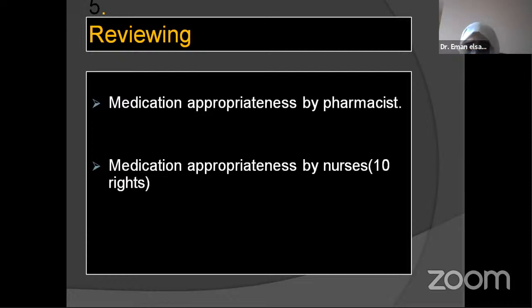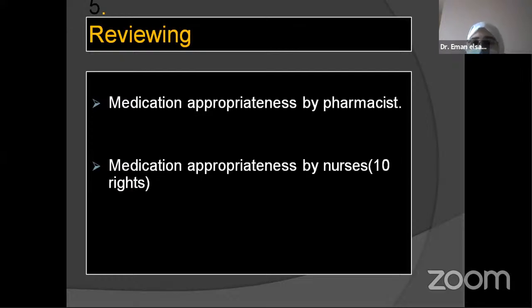This is the double role for appropriateness, by the pharmacist and by the nurse. The pharmacist's review is before dispensing, and the nurse's is before administration. The pharmacist has a role in checking the order: drug names, frequency, drug interaction, drug-food interaction, allergy, and also any contraindication related to the patient before dispensing.